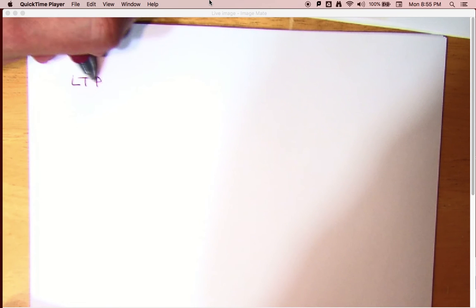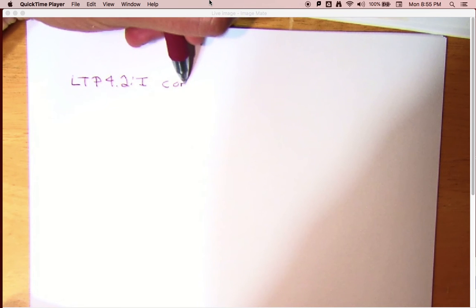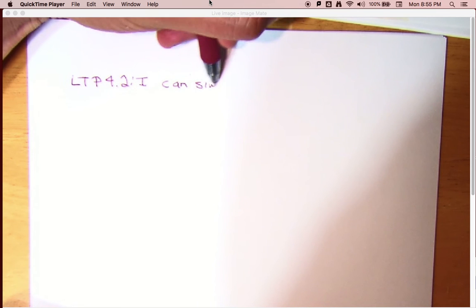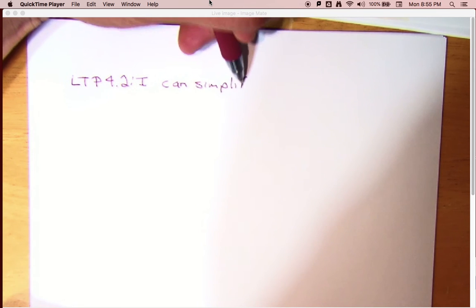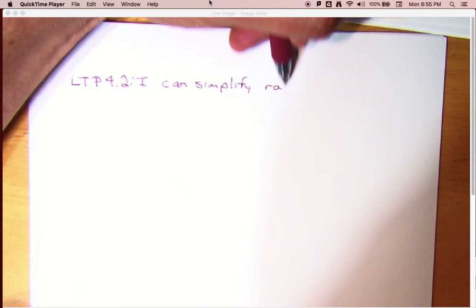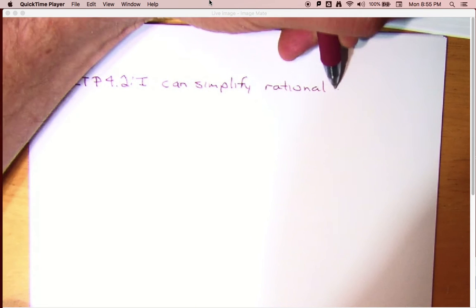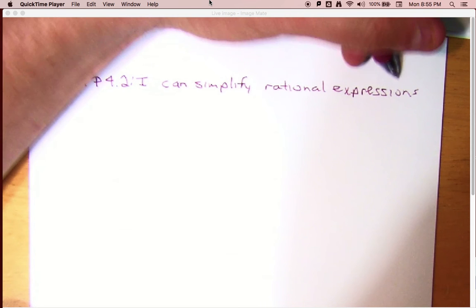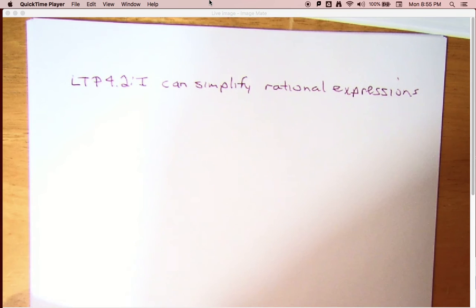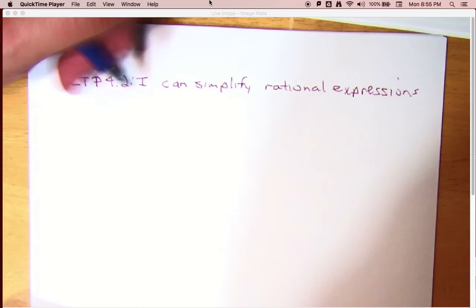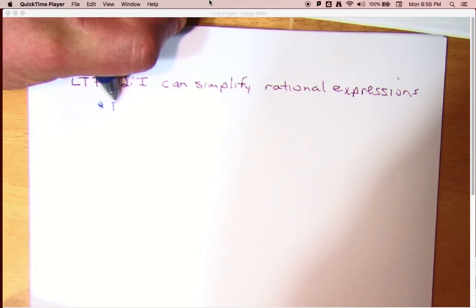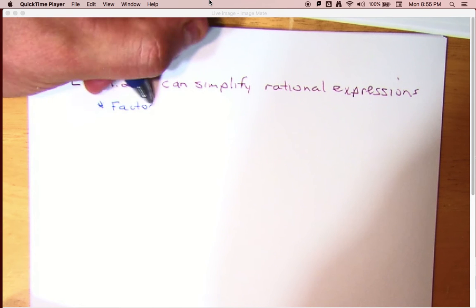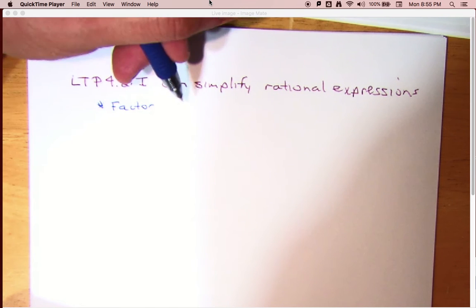P 4.2. I can simplify rational expressions. All right, and so the key thing that you want to do is you're going to have to do some factoring first. So you got your factoring half sheet, have that out.